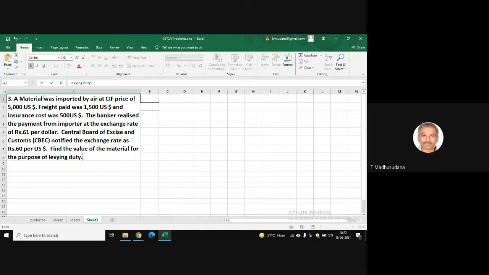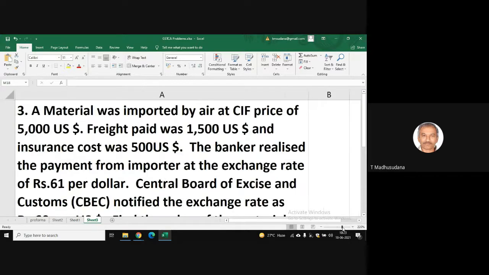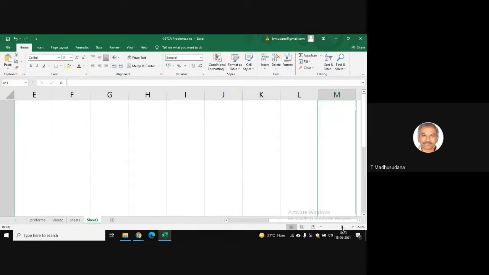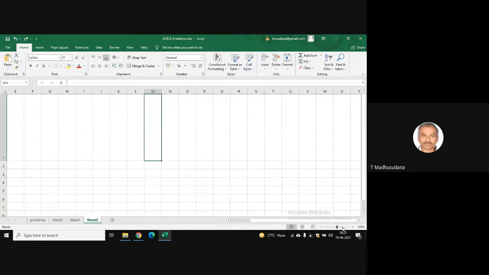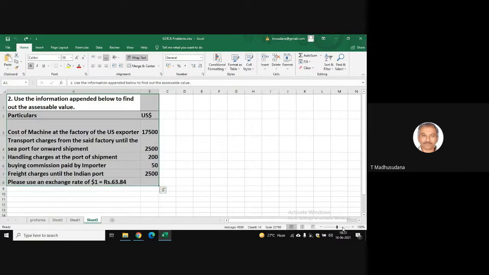Okay, so this is the problem given now. I will zoom it so that... sorry, it has gone.